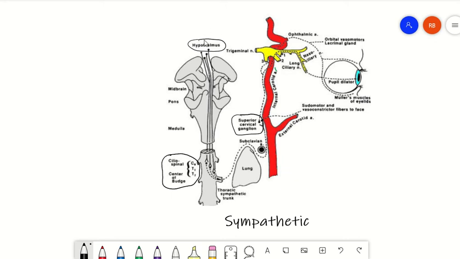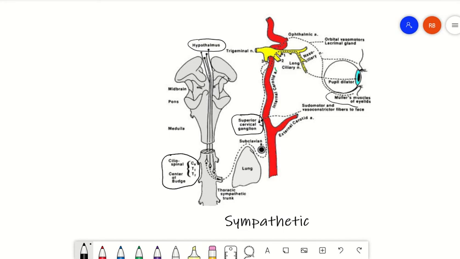So hypothalamus, first order neurons travel down the brainstem to the ciliospinal center of Budge, and there's a synapse, and then the second order neurons go over the lung apex and reach the superior cervical ganglion at the carotid bifurcation. And from here, the third order neurons ascend along the internal carotid artery into the cavernous sinus, and ultimately synapse at the dilator pupillae and the Muller's muscle of the eyelids.